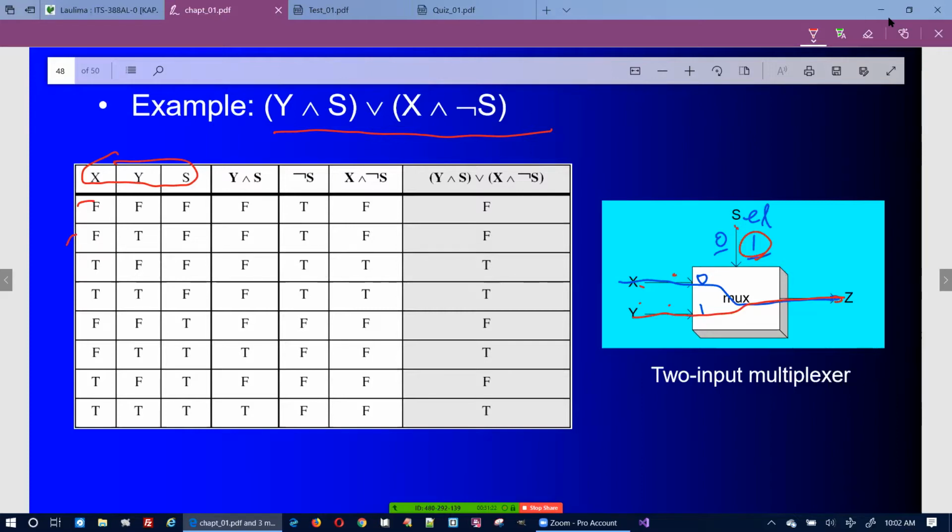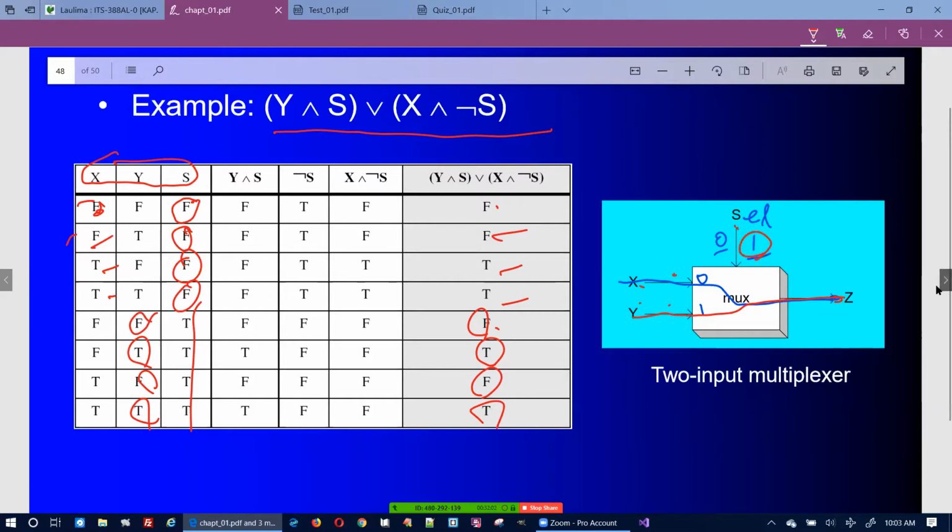What we want is that when S is false, in other words, when it's 0, we should see X. So this should be the same as this, this should be the same as this, and it is. And then when S is true, this one should be the same as this one, and so on. So that's how a multiplexer works.